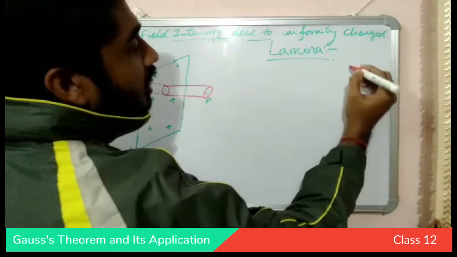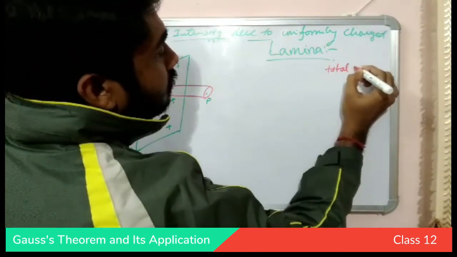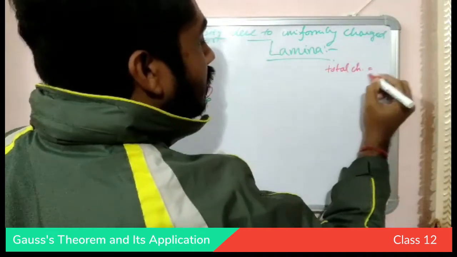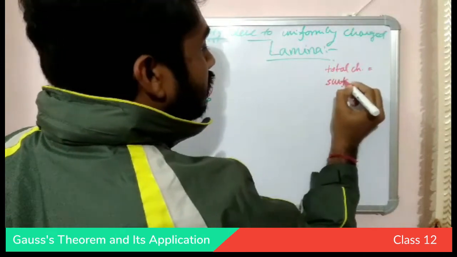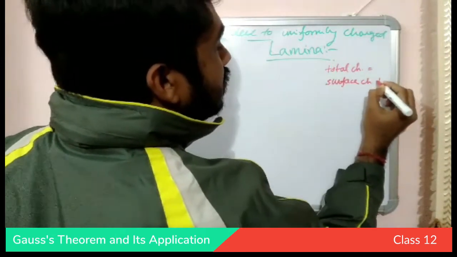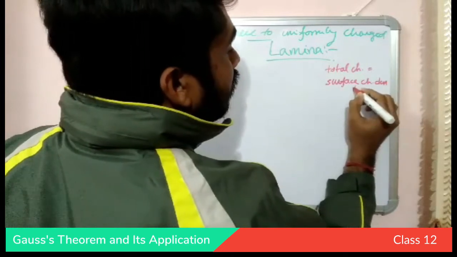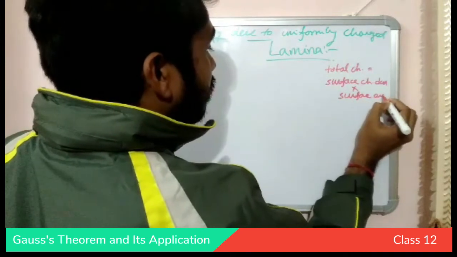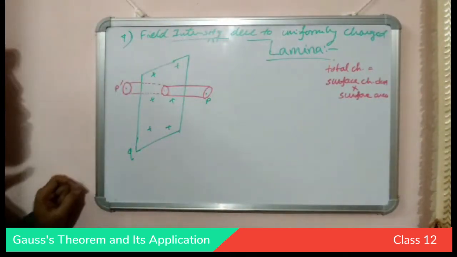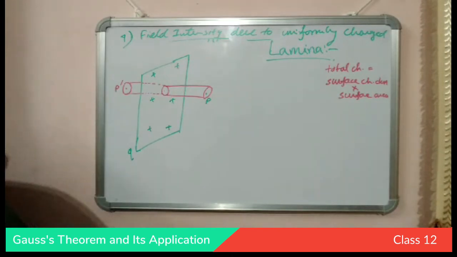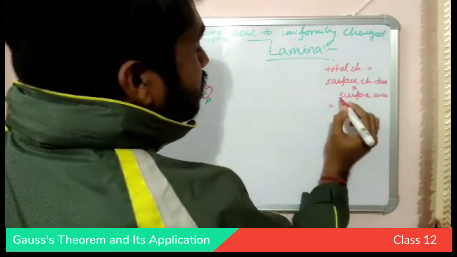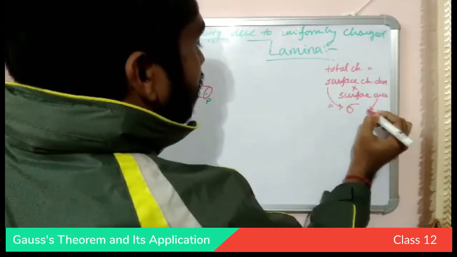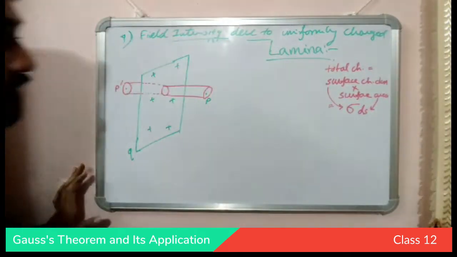And the total charge will be the surface charge density into surface area. The surface charge density is written as sigma, and surface area is ds as mentioned.